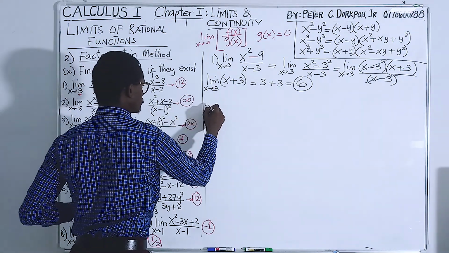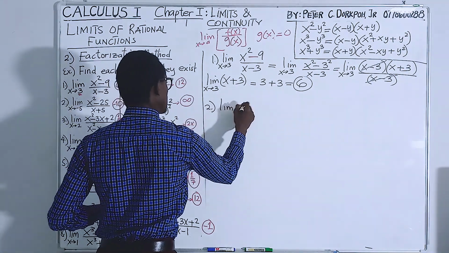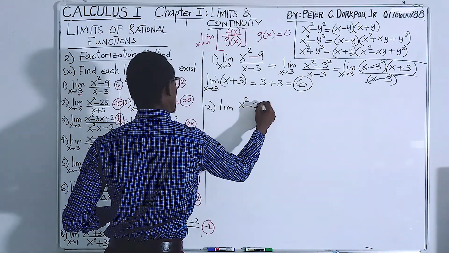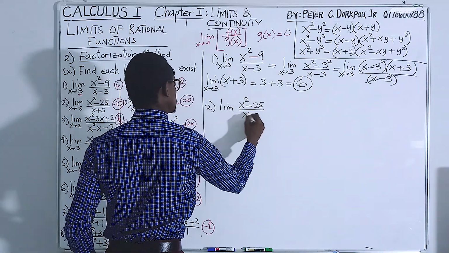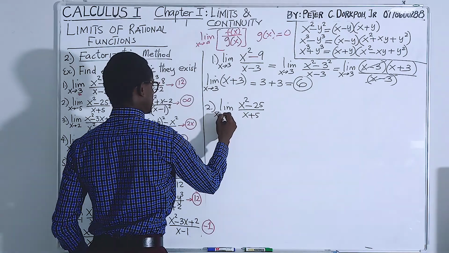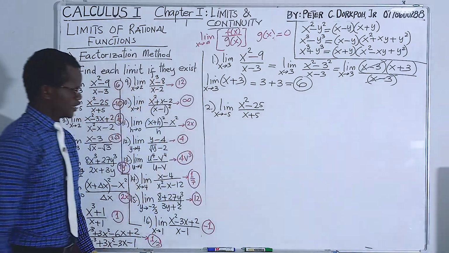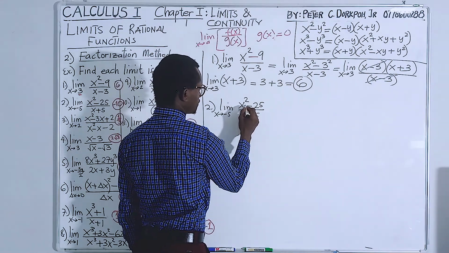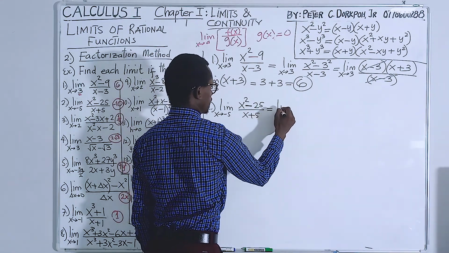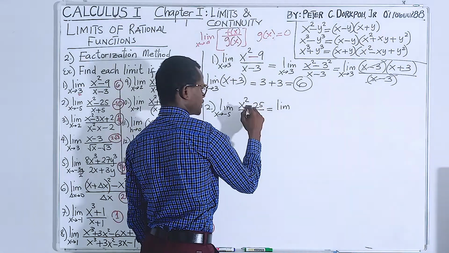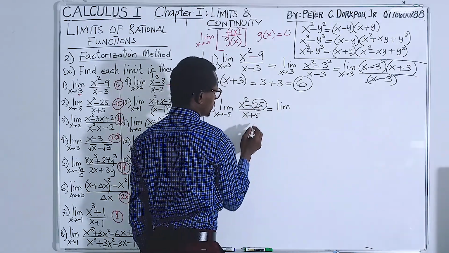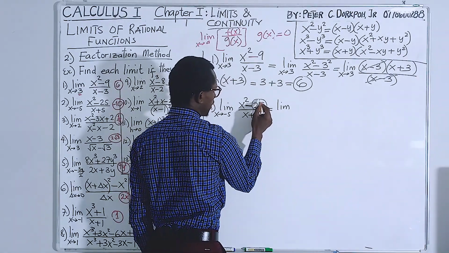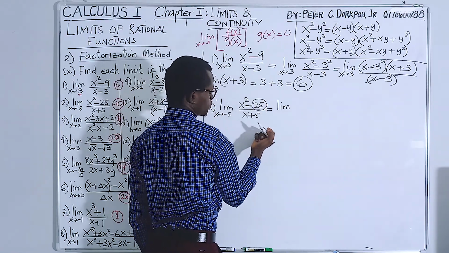Question 2. The limit of x squared minus 25 all over x plus 5 as x is approaching negative 5. Again, this is in the form of a difference of two squares because there's a negative between them. And the first expression is a square, so we can think of how to make this one a base raised to the power of 2 that will give us 25.